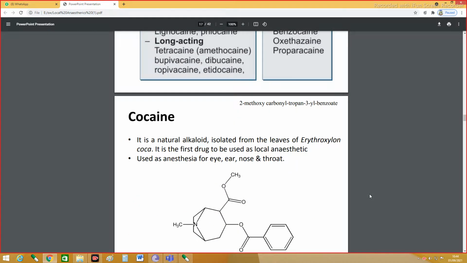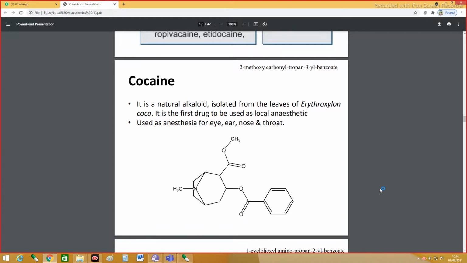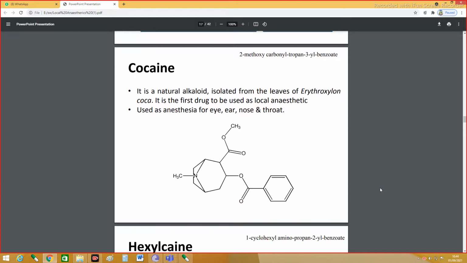And now let us see one by one the drug molecules for these local anesthetics. The first molecule is cocaine, and it is a natural alkaloid isolated from the leaves of Erythroxylum coca.